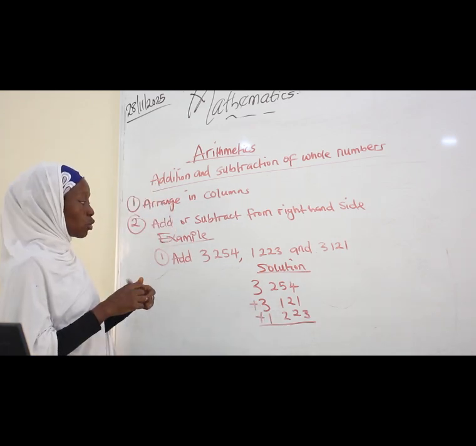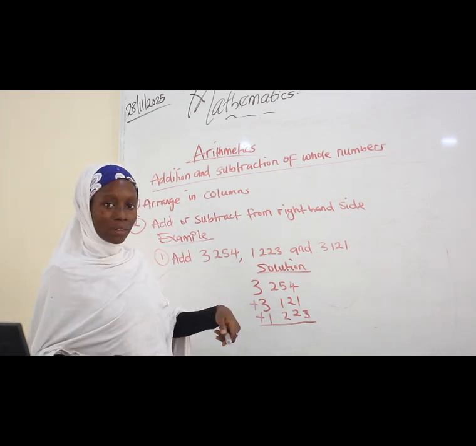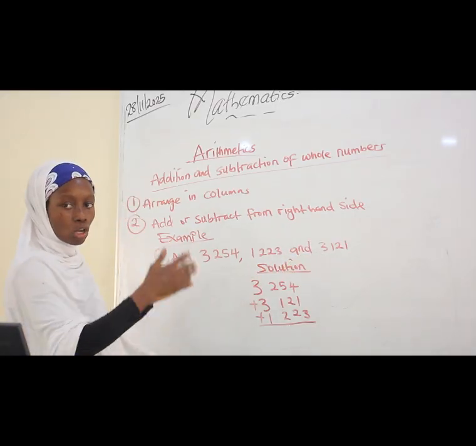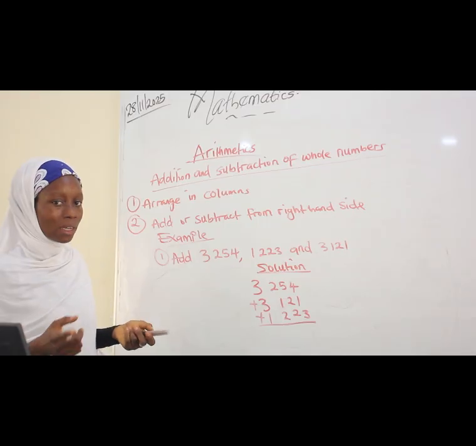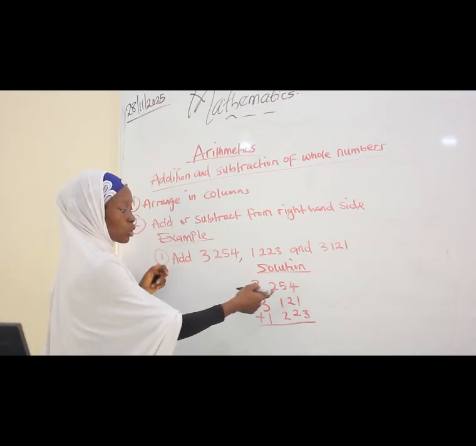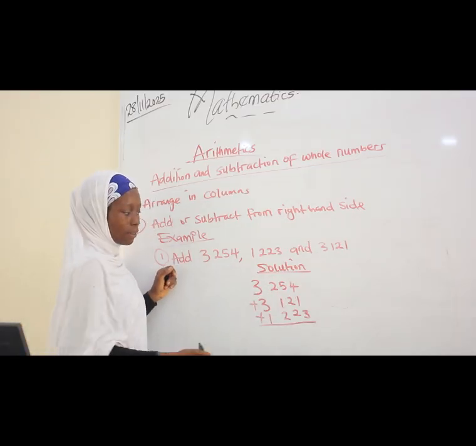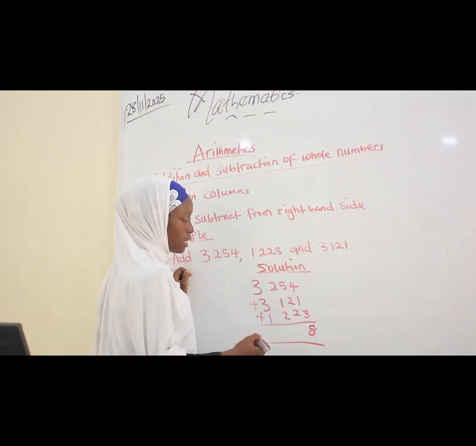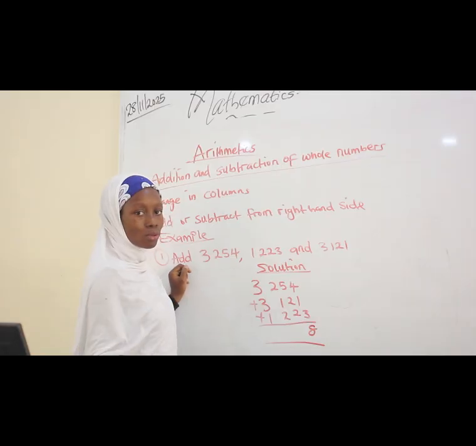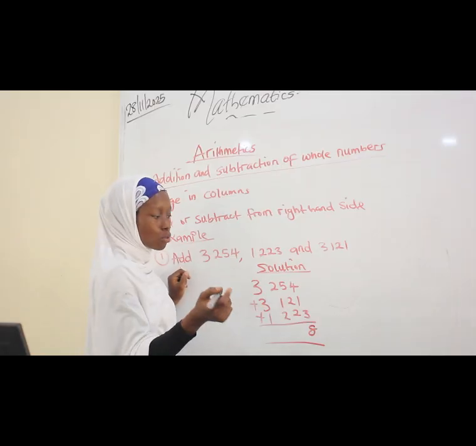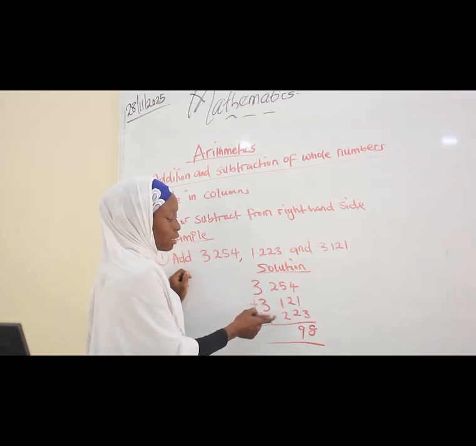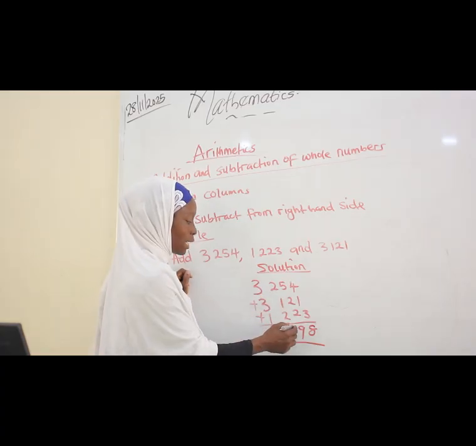If you like, you can add the first two, then whatever you have as your answer, you add it to the next one. Or you sum everything up together, you are still going to arrive at the same answer. So 4 plus 1 is 5. 5 plus 3 is going to give us 8. 5 plus 2, 7. 7 plus 2, 9. 2 plus 1, 3. 3 plus 2, 5.